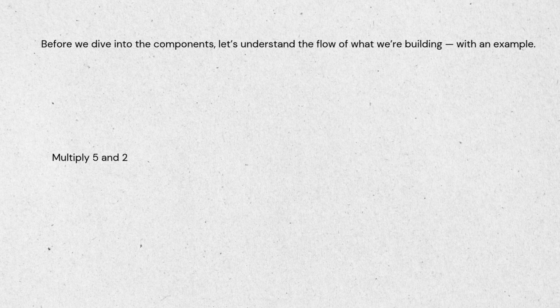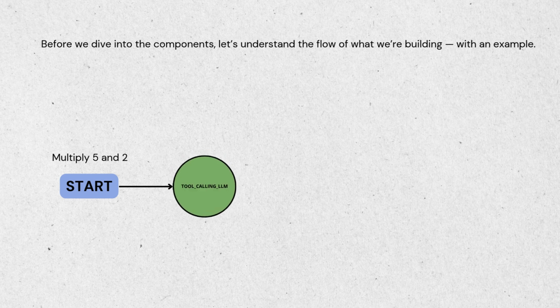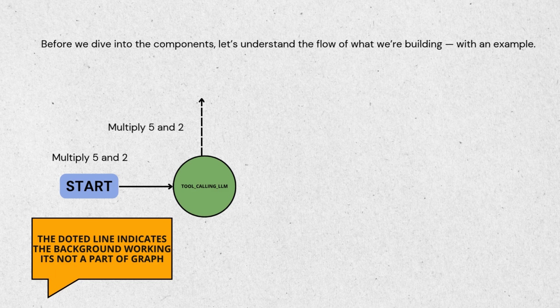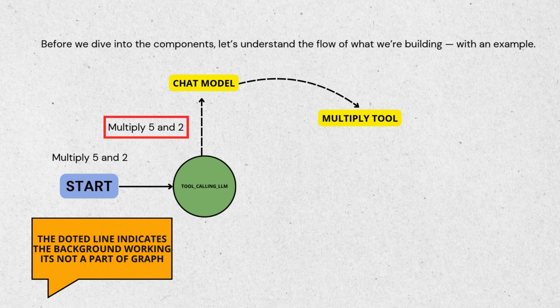The graph begins at the start node. Then it immediately moves to our tool calling LLM node. This node passes your message to a Groq powered chat model that's been configured to use tools. Then the model sees that this message is asking for a calculation.